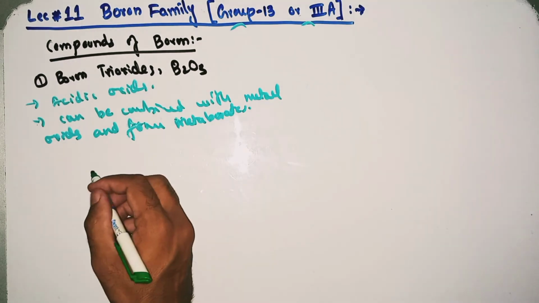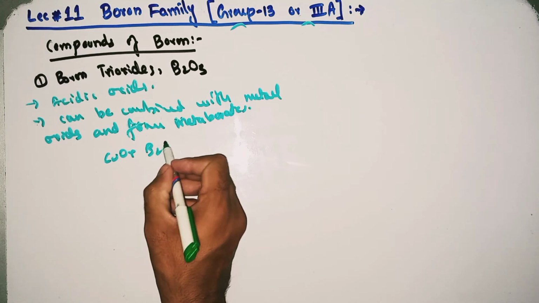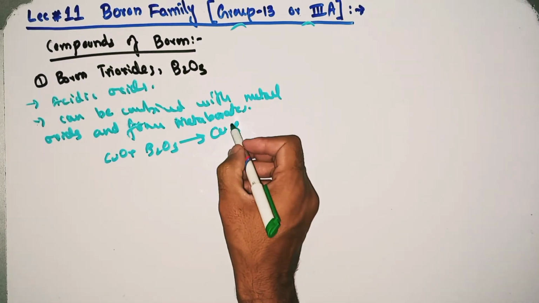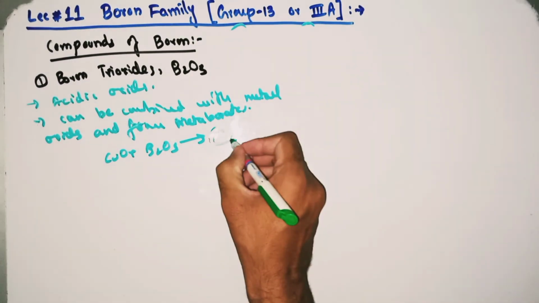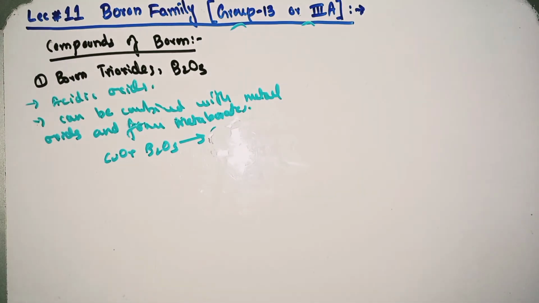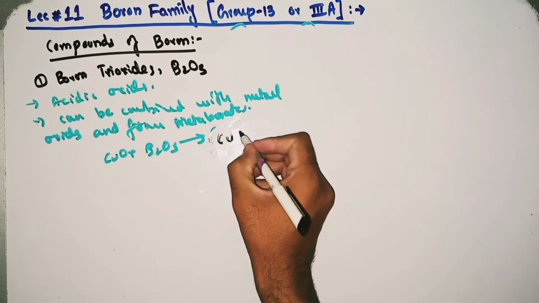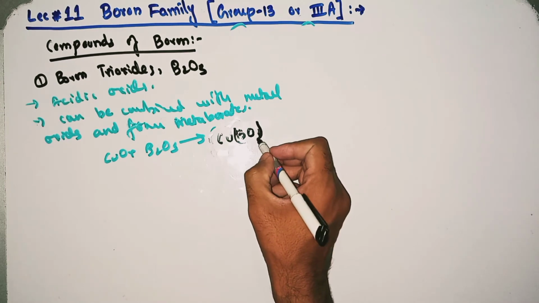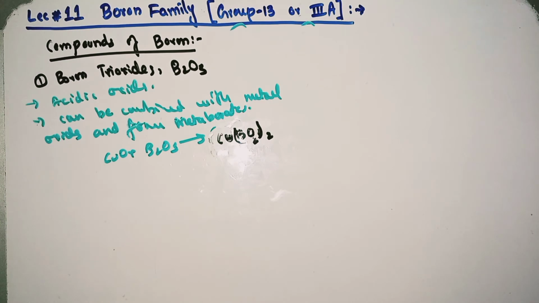For example, CuO with B2O3 will produce Cu(BO2)2.